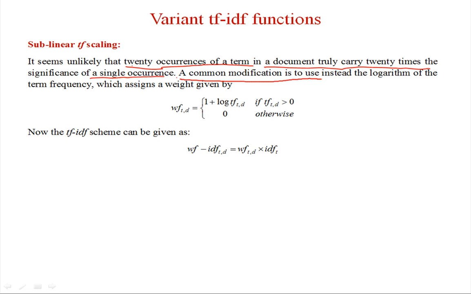A common modification is to use the logarithm of the term frequency instead, which assigns a weight given by 1 plus log of TF, the term frequency of term T in document D, if the term frequency of term T in document D is greater than 0. Now the TF-IDF scheme can be written as weighted term frequency into IDF of term T.